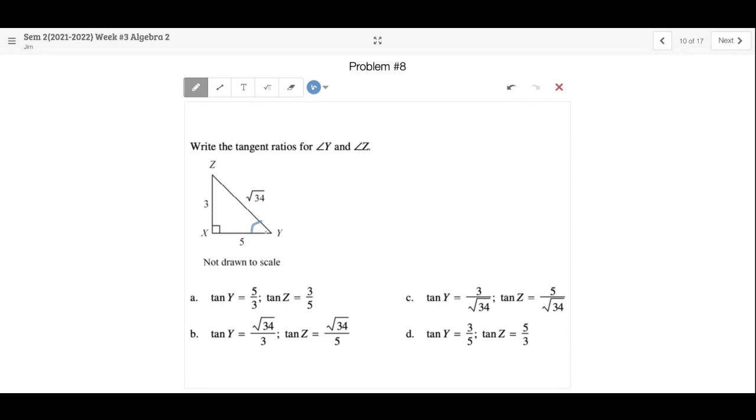Oh, it asked me to write the tangent ratios. I'm sorry. So the tangent of y is equal to 3 over 5. And the tangent of z is equal to 5 over 3, because it's opposite over adjacent. So that's all they're asking for in that problem.